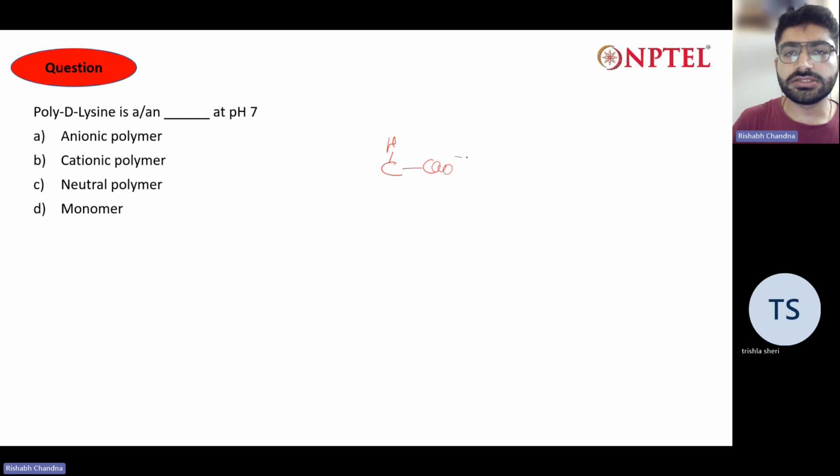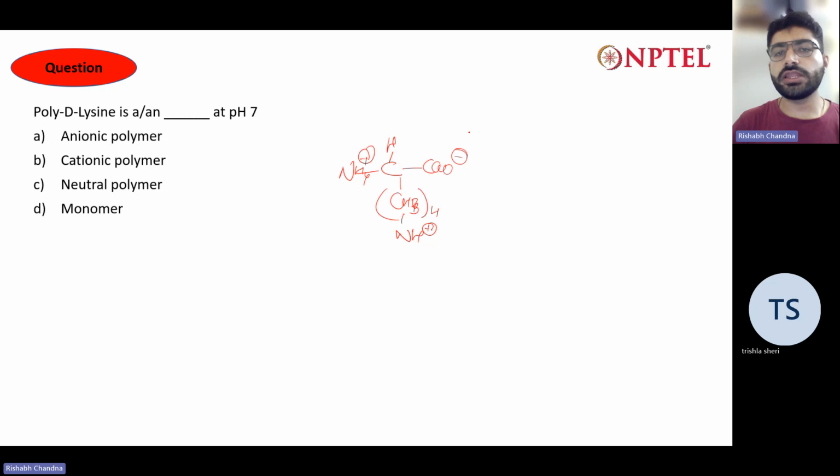On one side it has the carboxy terminal, and this is the amino terminal. In the middle, we have CH2 groups, 4 in number, followed by NH3 positive. So this is basically the common structure of lysine.